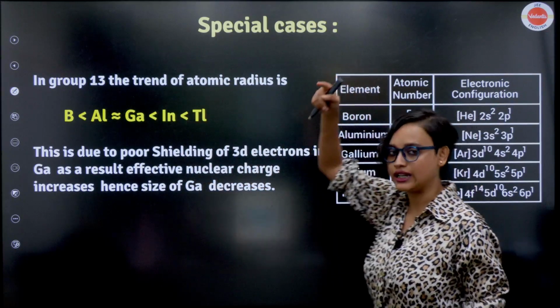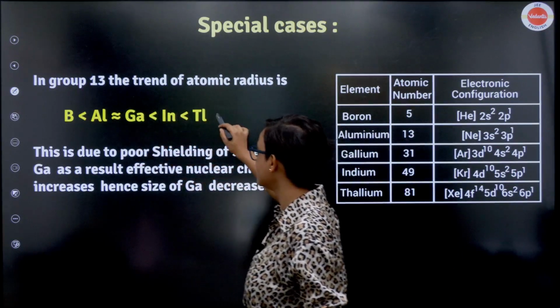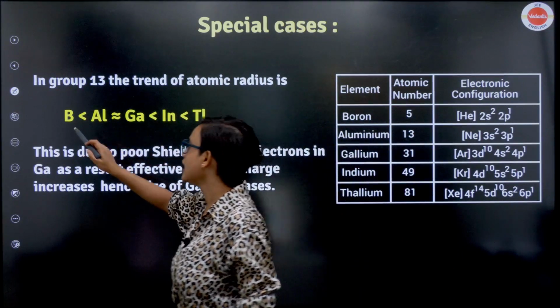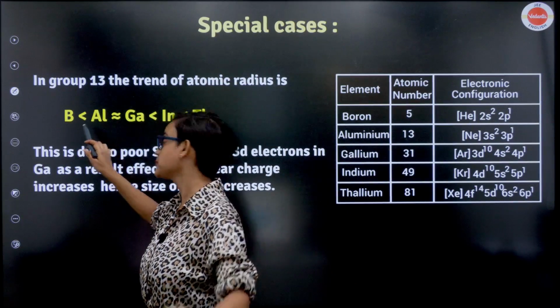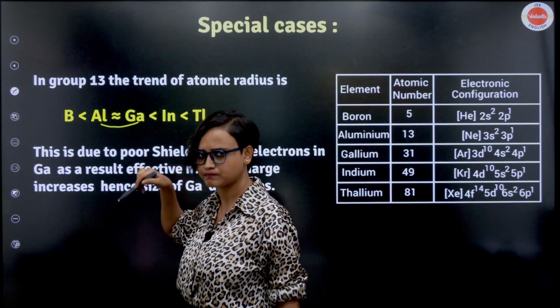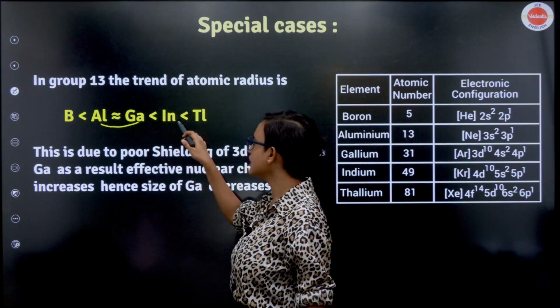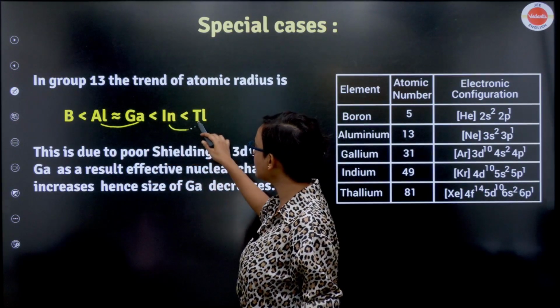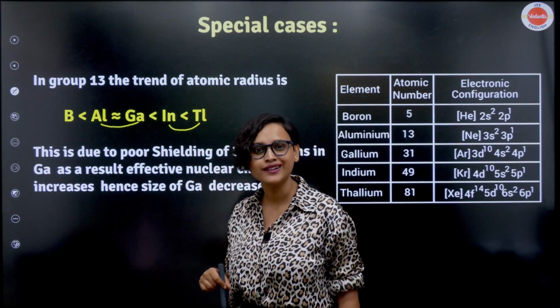In group number 13, that is boron, aluminium, gallium, indium and thallium, what you see is that from boron to aluminium, the atomic radius increases, no doubt about it. But from aluminium to gallium, it remains almost the same. Then from gallium to indium, it increases, and then again from indium to thallium, it remains almost the same. Do you know why?